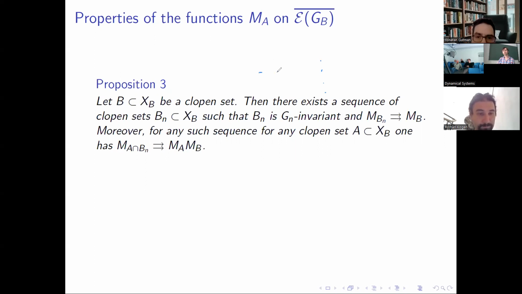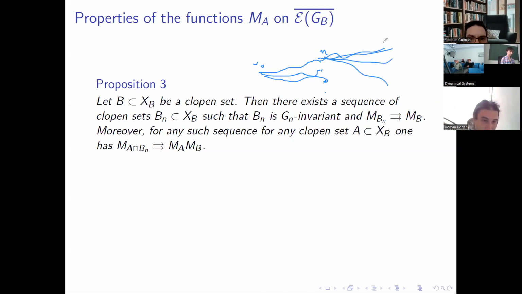So we have a finite number of paths joining the zero level with the nth level, and after that the paths can be arbitrary. This is how the set Bn looks.